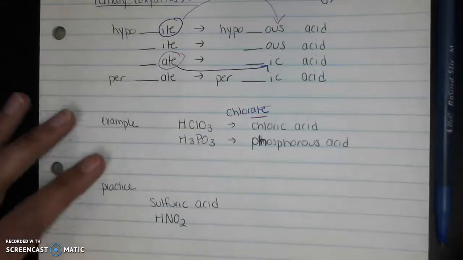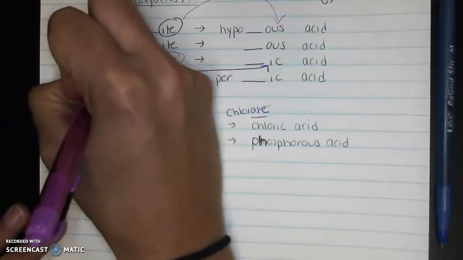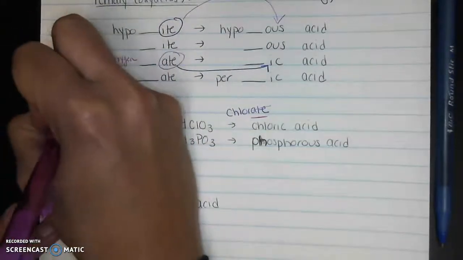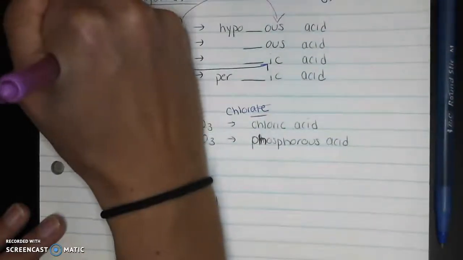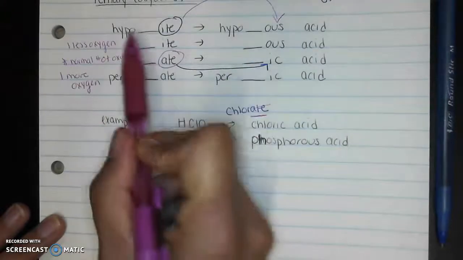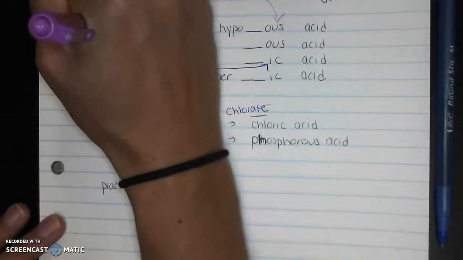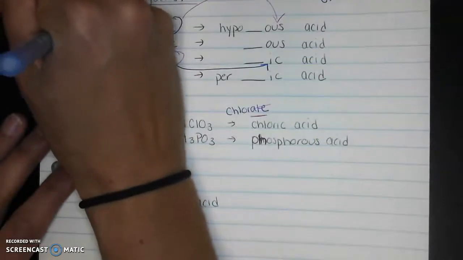All right, so here I have H3PO3. If we're looking at our list here, ate is the normal number of oxygens in a polyatomic ion. Per-ate is one more oxygen. Ite is one less oxygen. And hypo-ite is two less oxygens. And they're all relating to the ate. Okay.